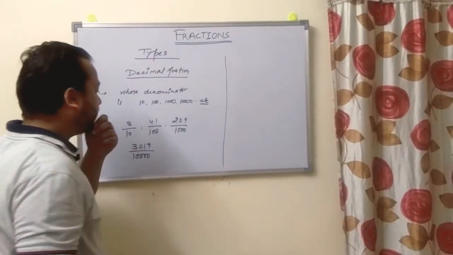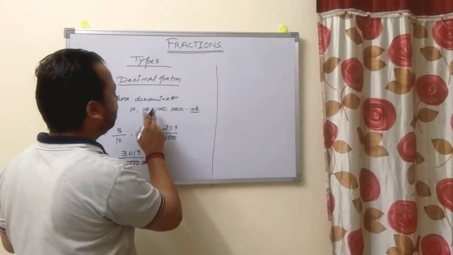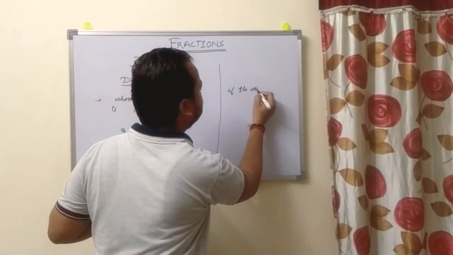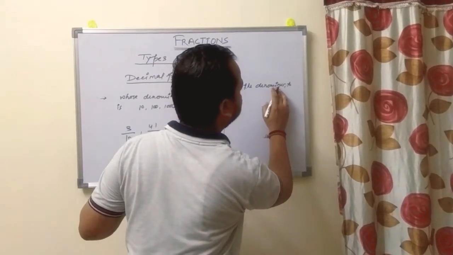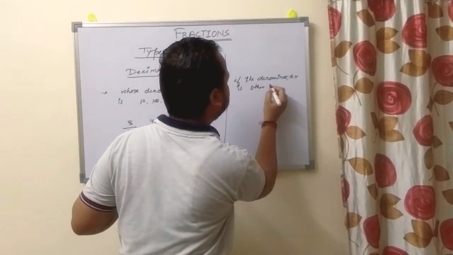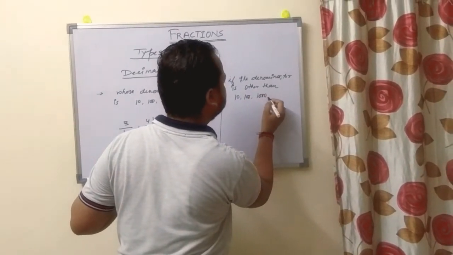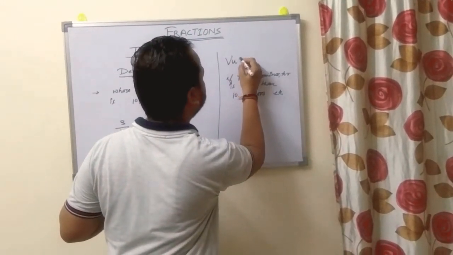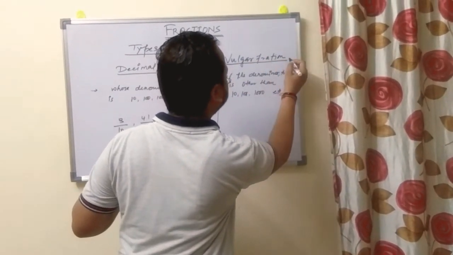And if their denominators are not in the form of 10, 100, 1000 or 10,000, means if the denominator is other than 10, 100, 1000 and so on, they are known as vulgar fractions.